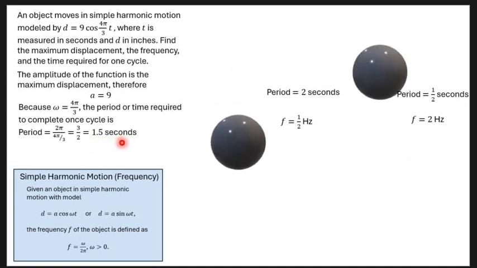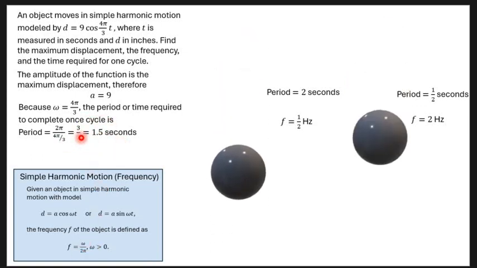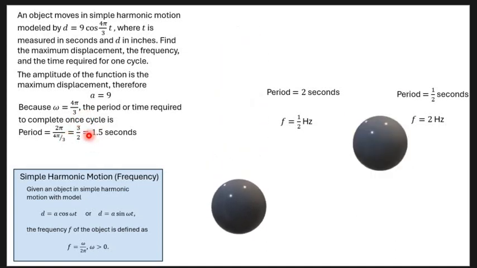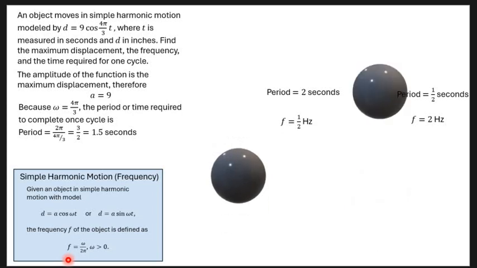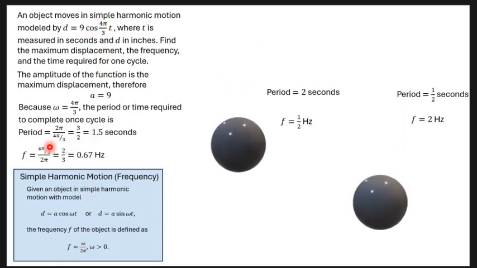And we know that the frequency is the reciprocal of the period, so the frequency is just going to be the reciprocal of 3 over 2, 2 over 3. Let's use the formula. It says the frequency is equal to omega over 2 pi, and omega is 4 pi over 3.